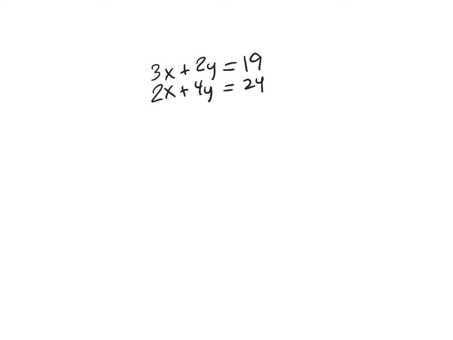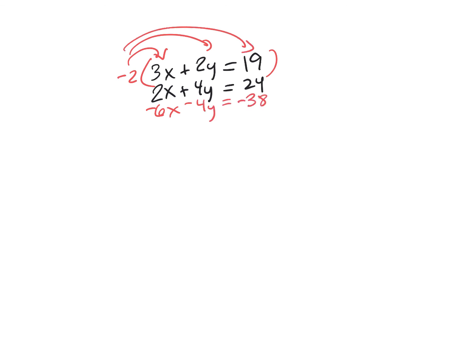Okay, so I needed another page to do this. So we have 3x plus 2y is 19, 2x plus 4y is 24. So you need your variables to cancel out. The quickest thing for me would be to multiply by -2. So we'd end up with -6x, -4y equals -38. Those are the two equations you want to add together. So we will add and we end up with our -4x.